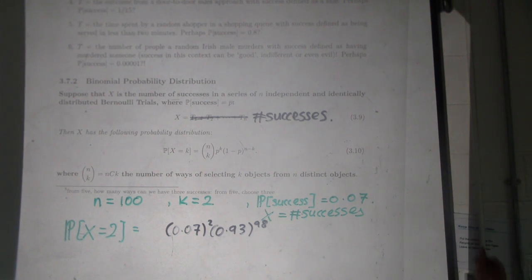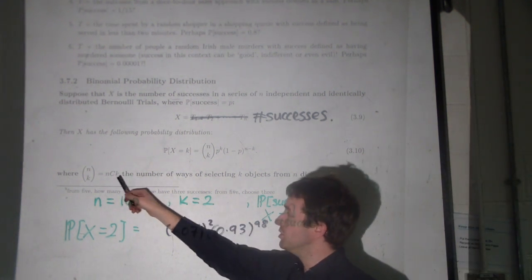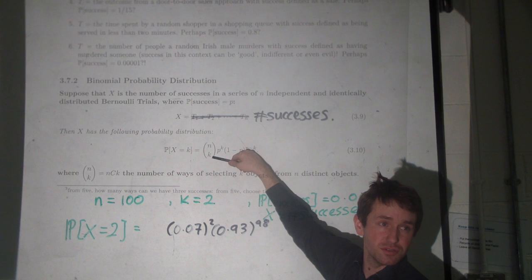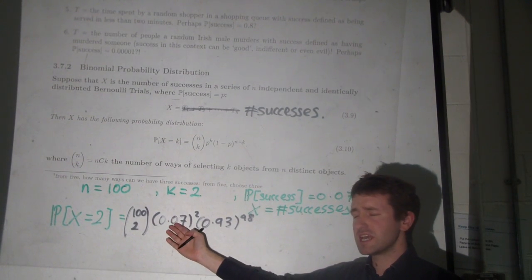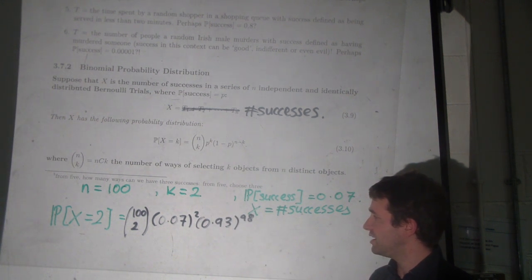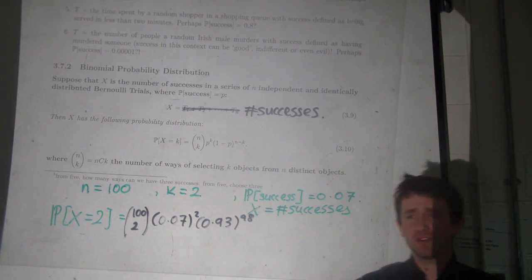Now that's only success, success, and 98 failures. There's loads of other ways that you could have 2 successes. In fact, the number of ways is, from the 100 doors in front of you, how many ways can 2 of them be success? The answer is 100 C 2, which is just another way of writing 100 choose 2. So this is the probability of success on the first 2 and 98 failures. But it's the same as if you have success, failure, then success, and then failures.